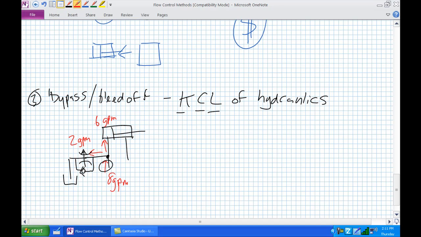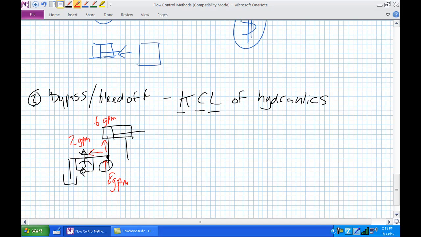So that's a bypass or bleed off method. Just a means of purposely diverting flow from an incoming stream. It's an indirect means of control, whereas meter in and meter out are direct means of controlling, by directly controlling the amount of flow into or out of an actuator.